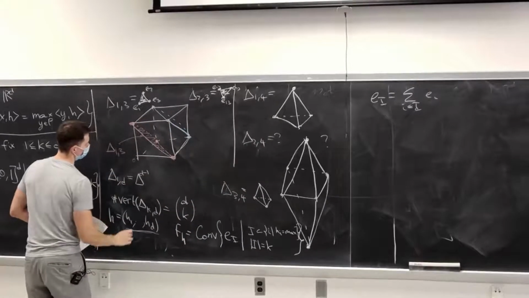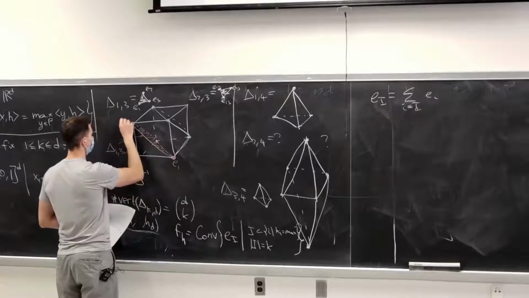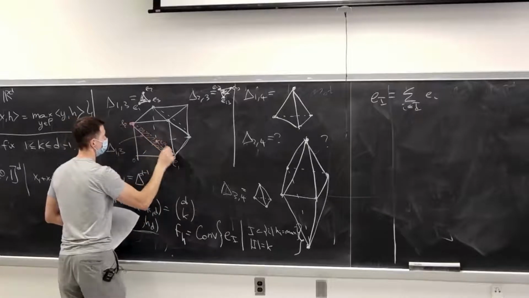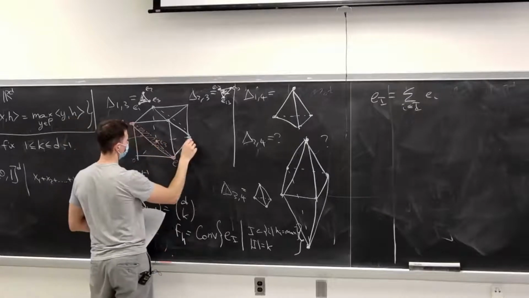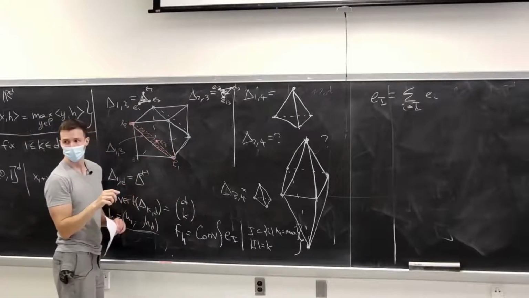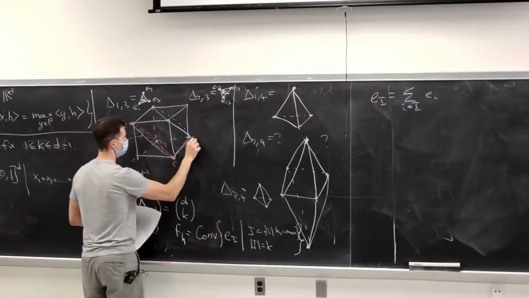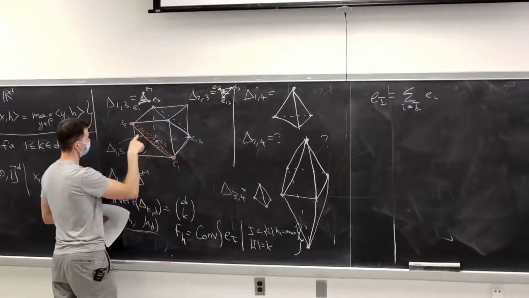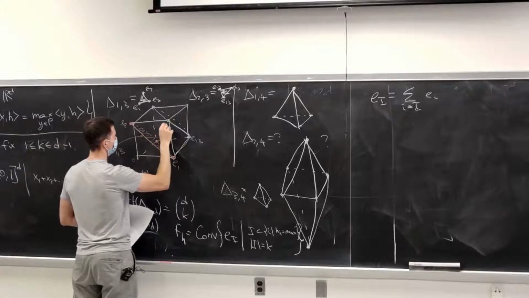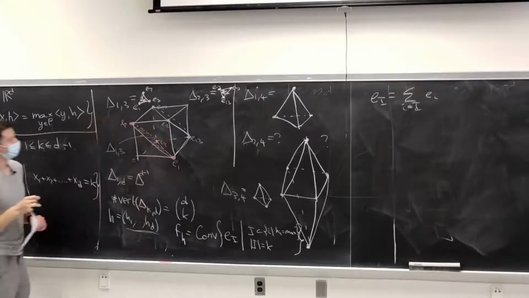And the red guy is the same thing, E3. And then the blue guy, what is this vertex? E13. And this one is E12, this is E23. All right.